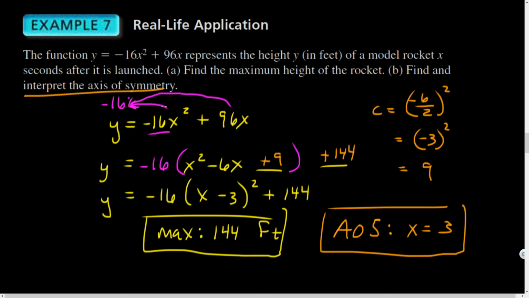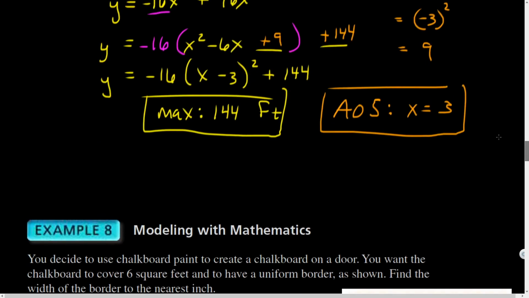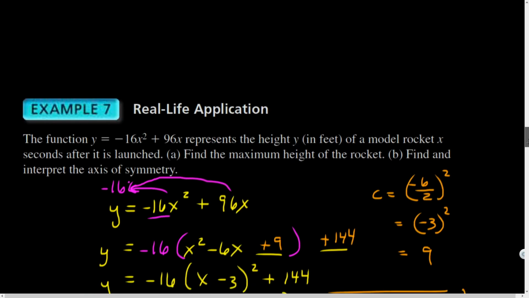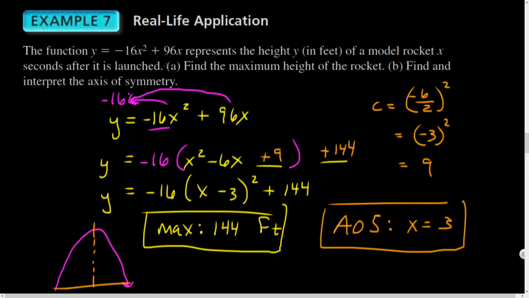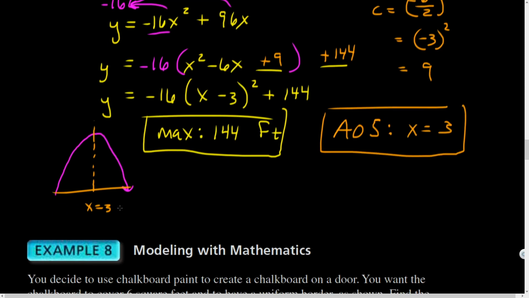And interpret the axis of symmetry. Well, if the path of the rocket is doing this, x equals 3 would be this equation, which actually, nope, this doesn't actually represent the path of the rocket. Y was just the height of the rocket, and x was the number of seconds. And so x equals 3 would have been 3 seconds.